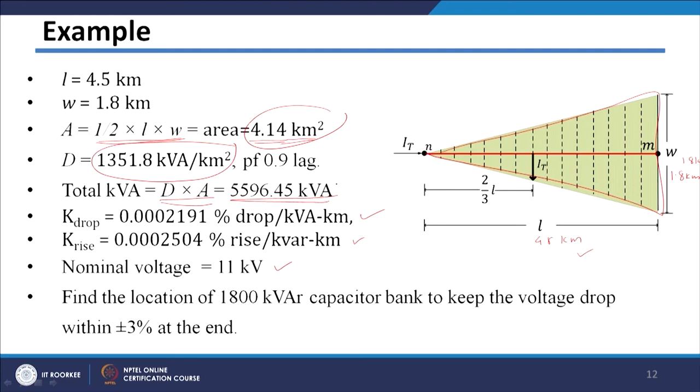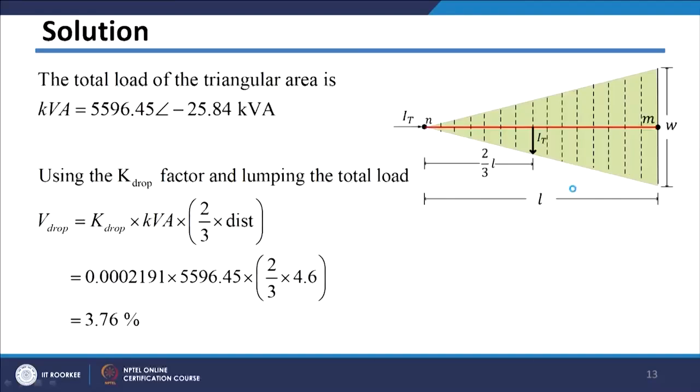To supply this kVA there will be a voltage drop from one end to the other across this feeder, and I want to put this capacitor bank, which is 1800 kVAR, somewhere along the feeder. Let us see how we can find this location. The total load of the triangular area, which we calculated on the last slide, is given here.